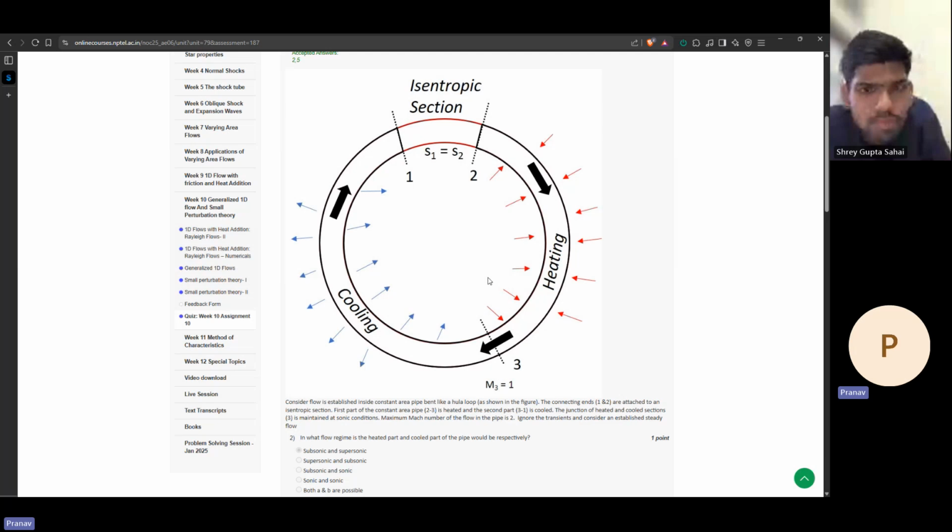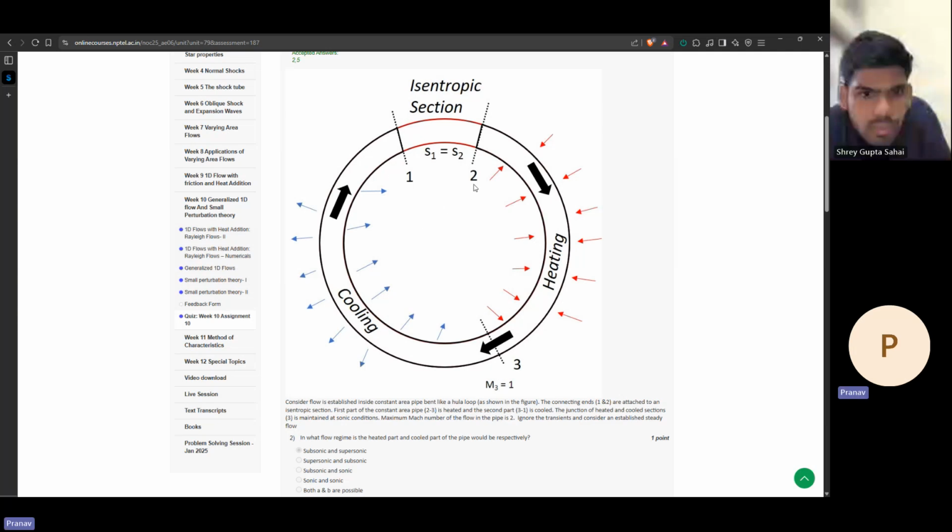My thought process was, if we consider the first case, subsonic and supersonic, in the heated region we get subsonic, and in the cooled region we get supersonic flow.